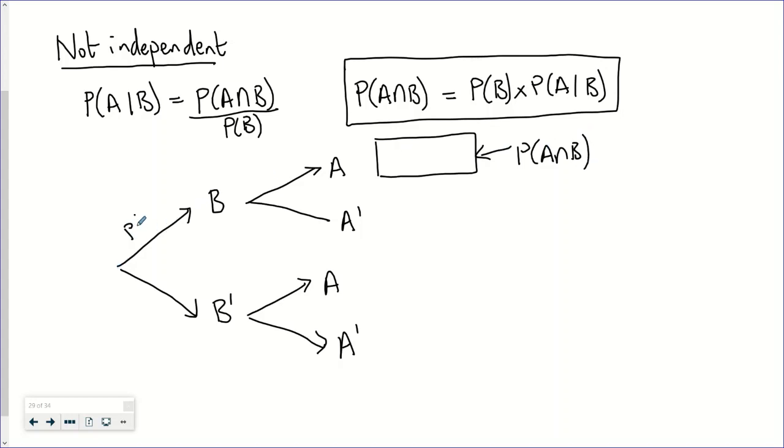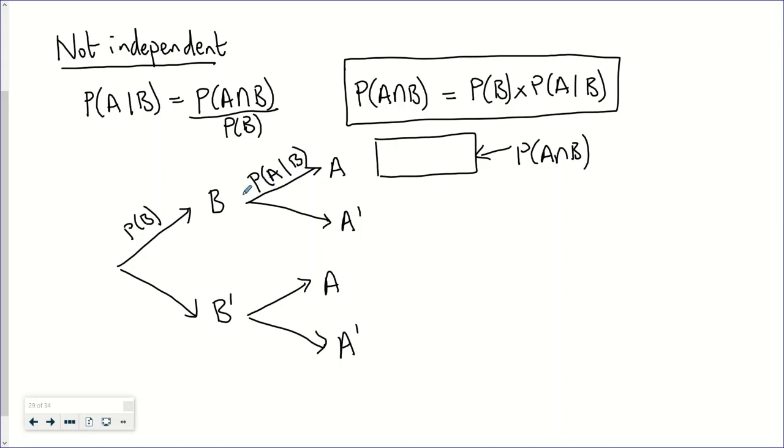For the probability of B, I'm just going to write probability of B. And we've got to work out what goes on these branches. If A and B were independent, then it wouldn't matter whether I've gone along this B branch or along this not B branch. The probability of A would just be the probability of A. But if A and B are not independent, then this probability is going to be different to this probability. So here I actually need to put the probability of A, given that we've gone down this B branch, given that we know B has happened.